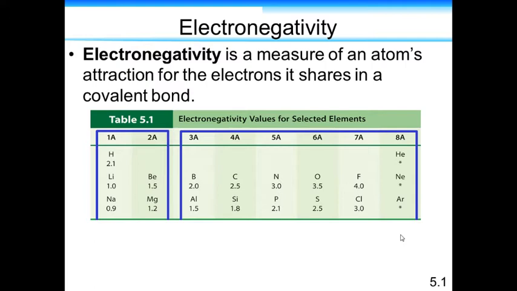They have their octet without having to share any electrons with anyone else. They're in group 8. They have 8 electrons around them. Since the number of valence electrons primarily determines reactivity, and they have a complete octet, noble gases are not reactive. Fluorine, and chlorine as well, very close to having their octet, is very electronegative.